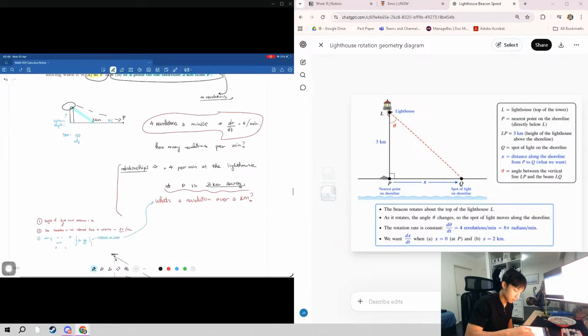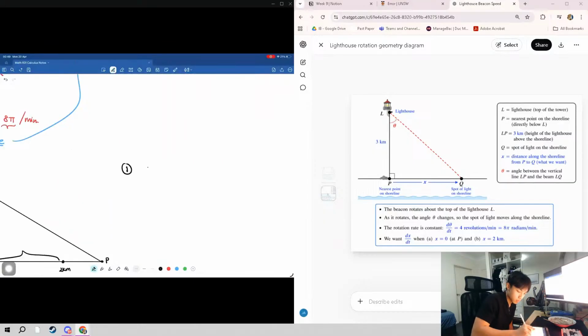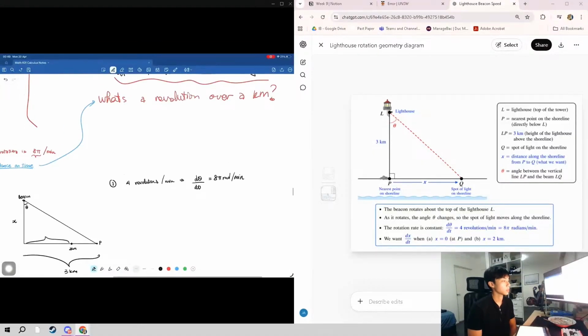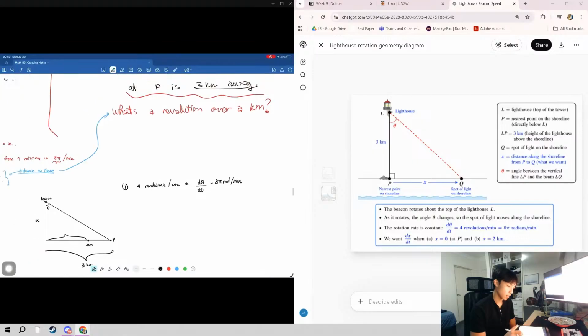But I do agree with them that those 4 revolutions per minute we could write as 8 pi rad per minute. Length of lighthouse above the shoreline?